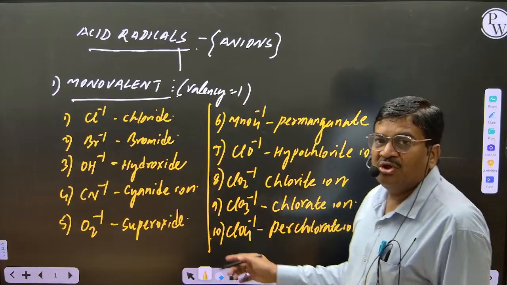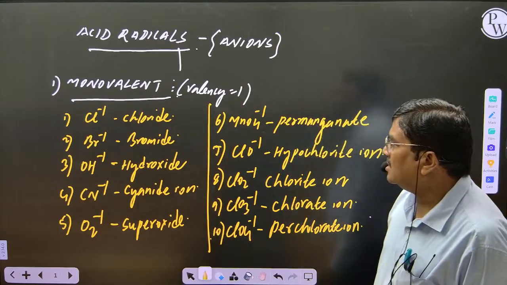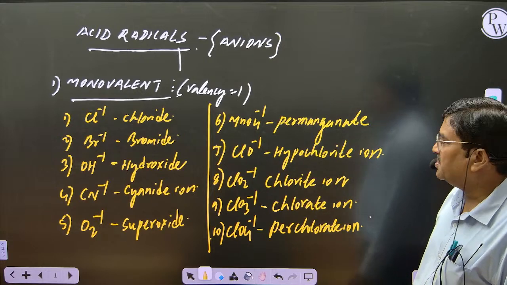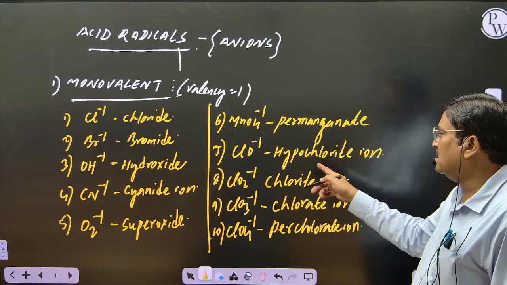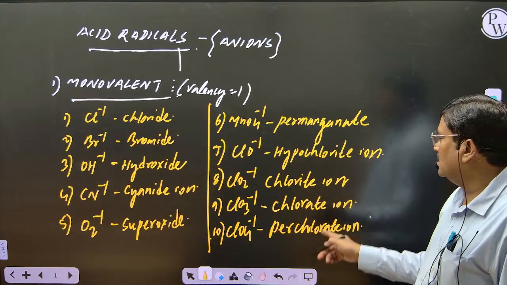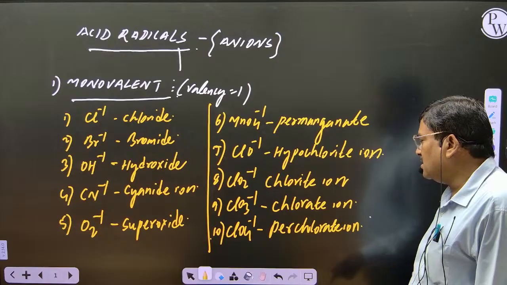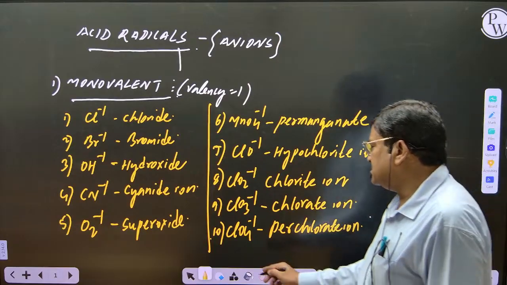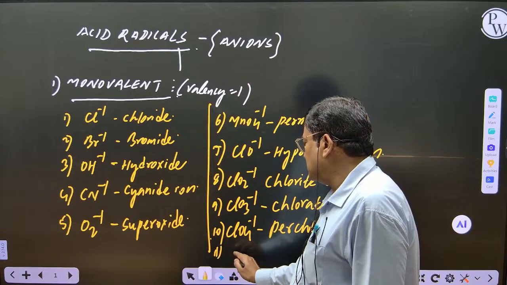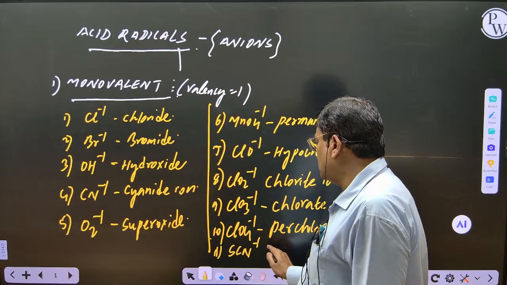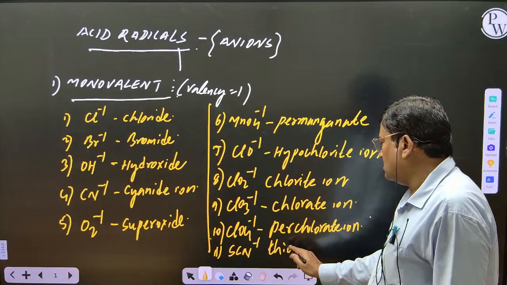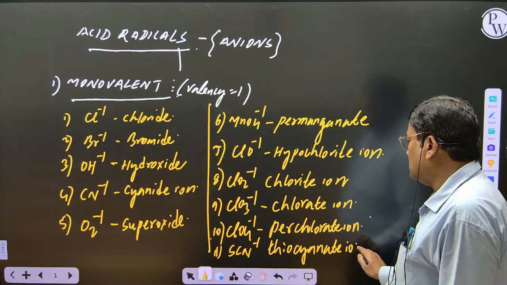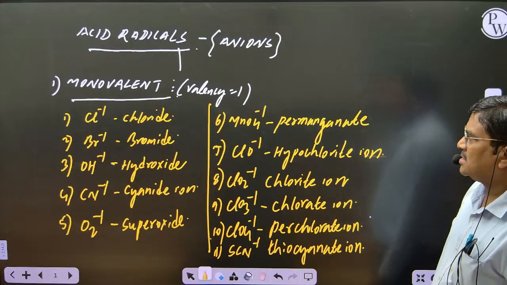So these are all monovalent. Copy this: chloride ion, bromide ion, hydroxide ion, cyanide ion, superoxide ion, permanganate ion, hypochlorite ion, chlorite ion, chlorate ion, perchlorate ion. And you know SCN minus, thiocyanate ion. So these are all monovalent.